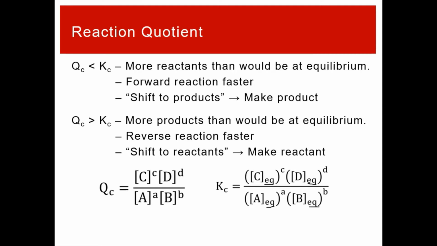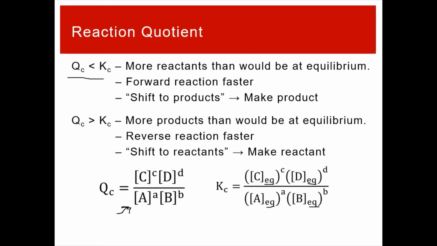So if Q is less than Kc, these are fractions, right? If it's too small, that means the bottom is big. So when Q is less than Kc, that means the bottom of my fraction in my QC, right now, has too many reactants. And so those reactants are going to react and become products.